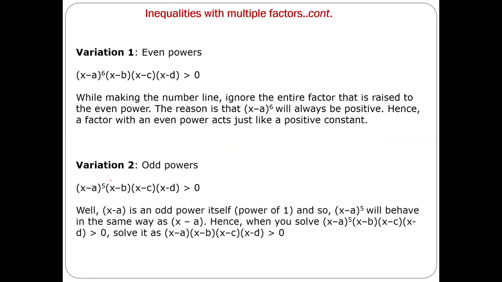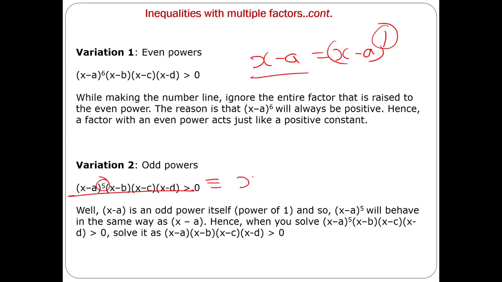Suppose that we have an odd power here. Notice x minus a raised to the power of 5. The thing that we are saying is, even when it is x minus a, this is equivalent to x minus a raised to the power of 1. Correct? So x minus a is anyway raised to an odd power. In other words, the solution of this inequality will be the same as the solution of x minus a into x minus b into x minus c into x minus d is greater than 0.